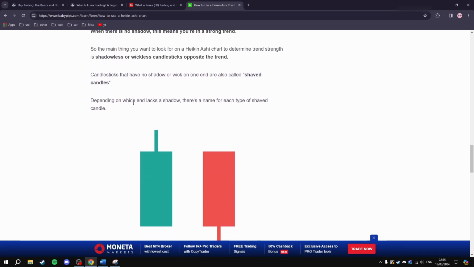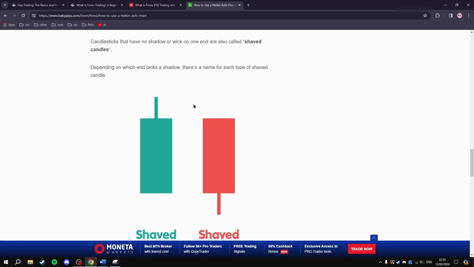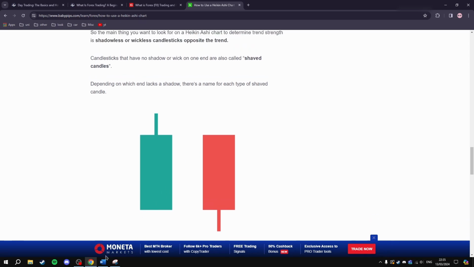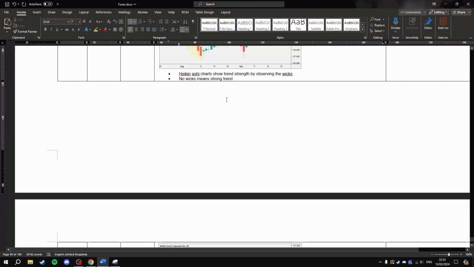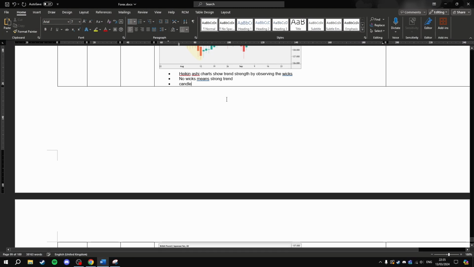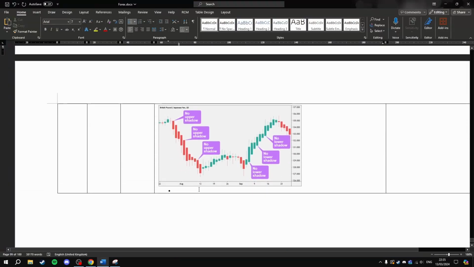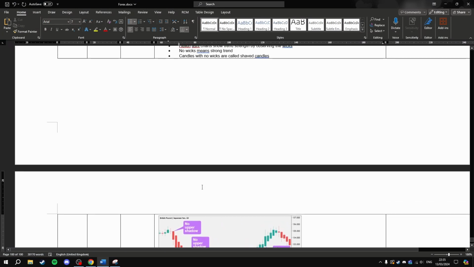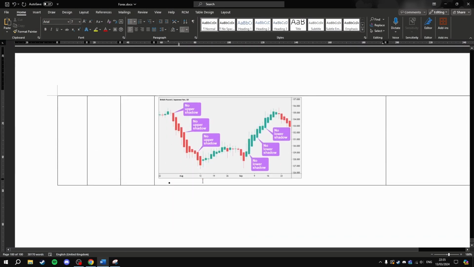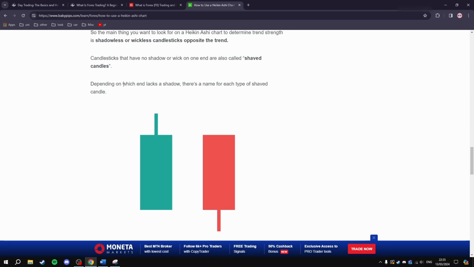Depending on which end lacks a shadow, there's a name for each type of shaved candle.